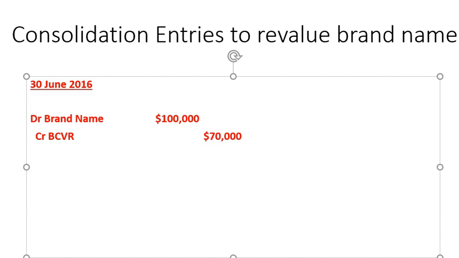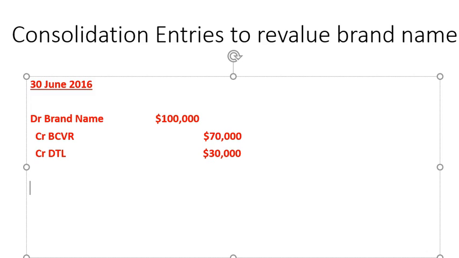So we only increase the equity by that amount. And we'd also credit deferred tax liability because we haven't actually sold the asset yet. So there is actually no current tax liability. But if we were to sell the asset, there'd be a tax liability in the future, and so that would be deferred. Okay, so that's the first entry.